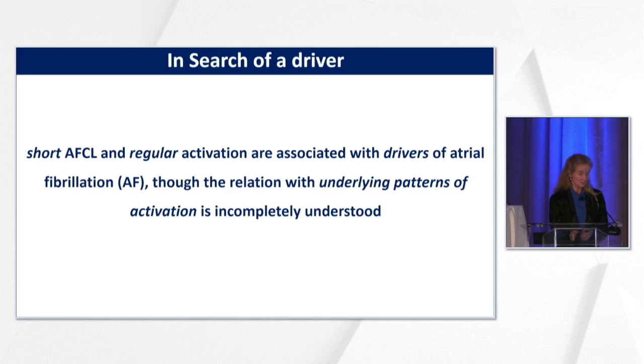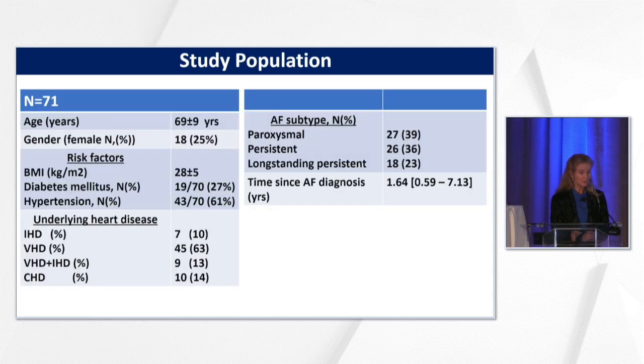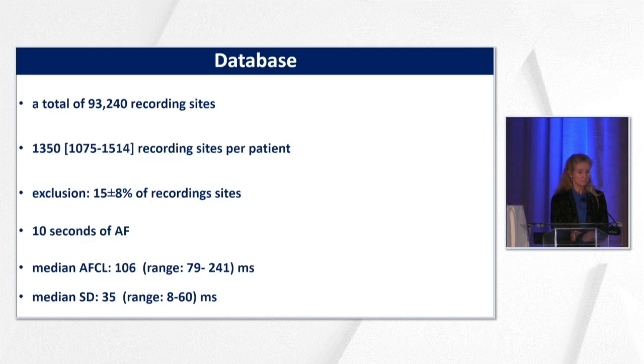So I asked one of my PhD students to go into this, and she had 71 patients with different types of atrial fibrillation, so paroxysmal, persistent and long-standing persistent, who all underwent cardiac surgery. And in those 71 patients, we performed epicardial mapping of the entire epicardial surface.